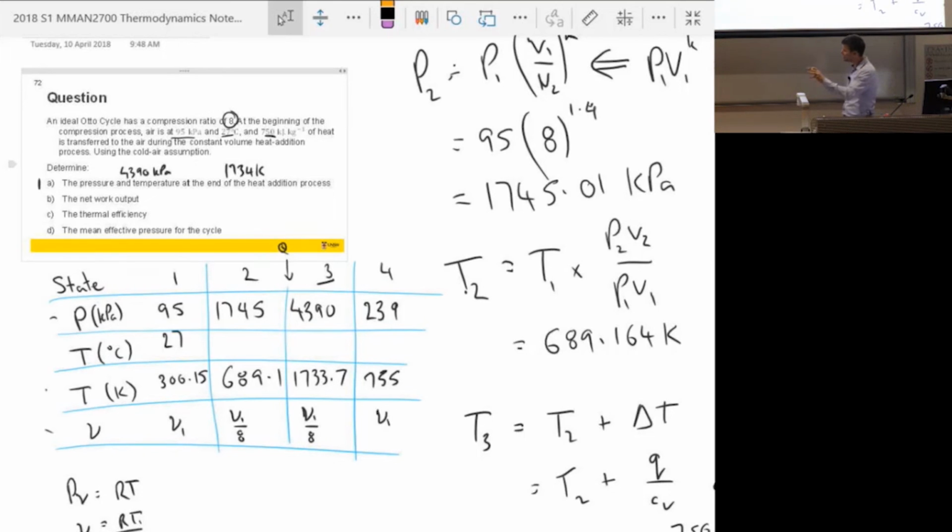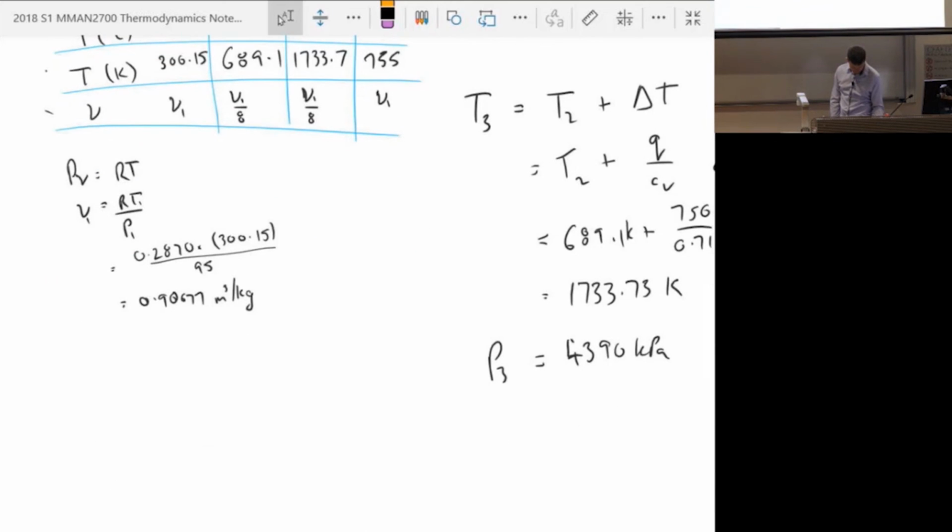The net work output is however much work we get out minus however much work we get in. So net work equals work out minus work in.